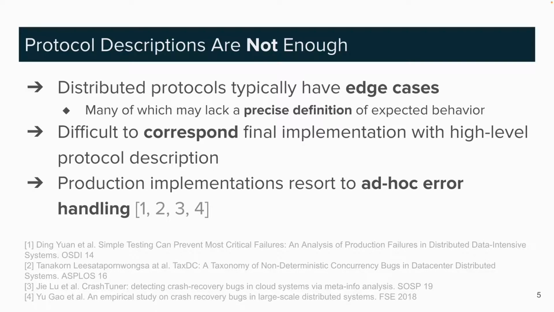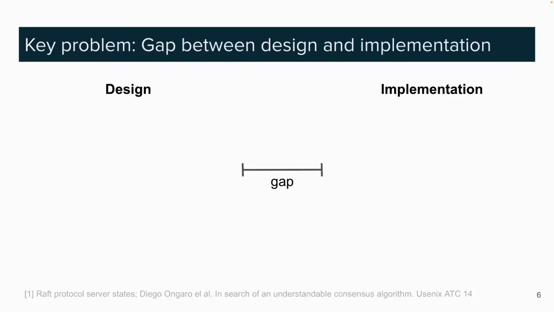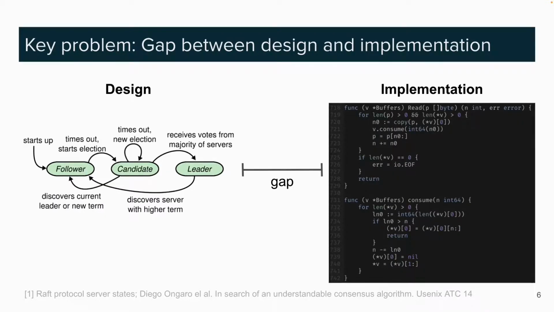And these ad hoc methods are not necessarily correct. So we would have some behavior in the implementation which is not in the protocol itself. The key problem here is the gap between the design of the protocol and the final implementation of the system.